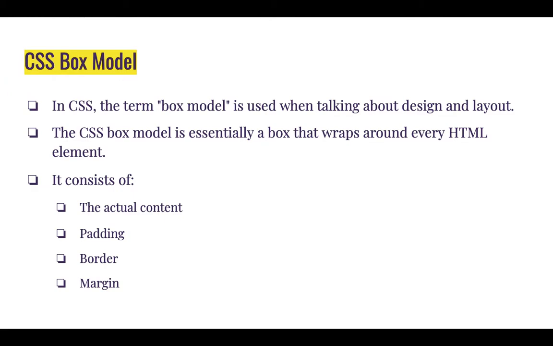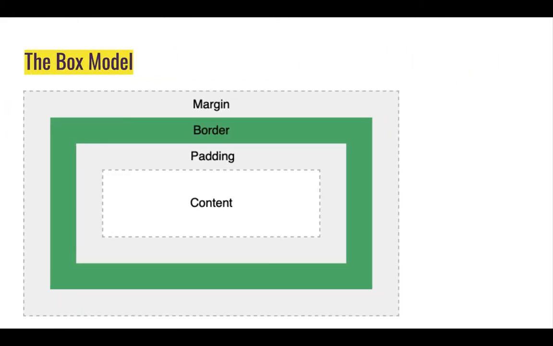It consists of the actual content, padding, border, and margin. Understanding the term box model makes more sense once it is visually displayed. The margin is a buffer area that separates the interior of the CSS box model from other HTML elements on a page.